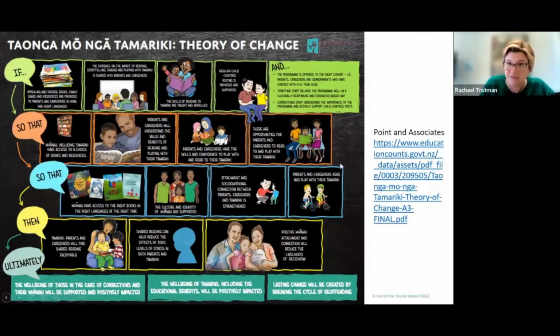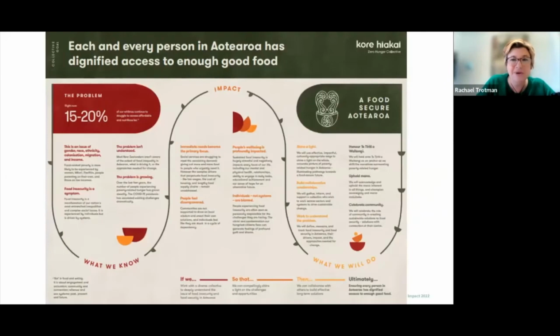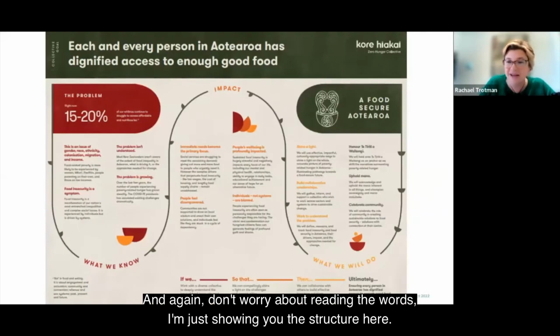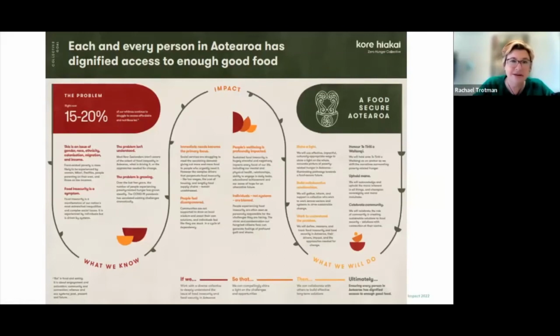This is one example, and it's a really busy one. Some people have very simple theories of change. Here's another one. And again, don't worry about reading the words. I'm just showing you the structure here. This is the Zero Hunger Collective in Aotearoa.